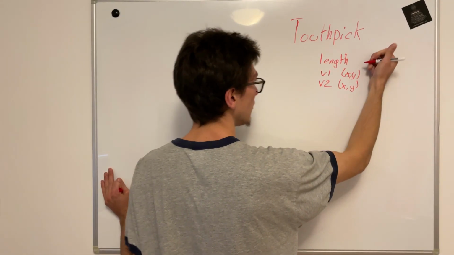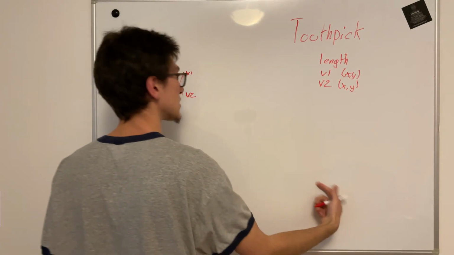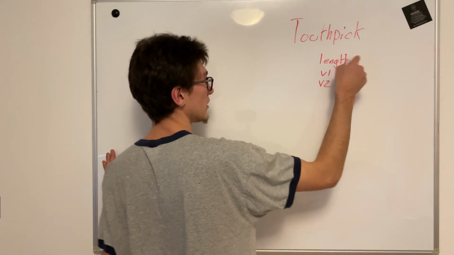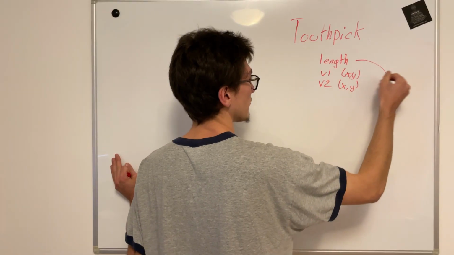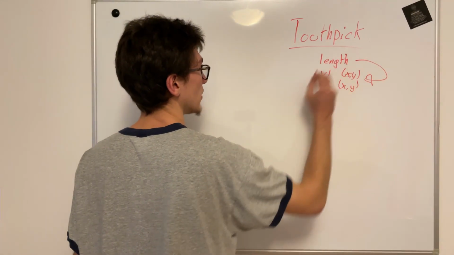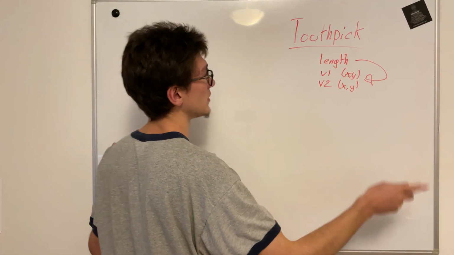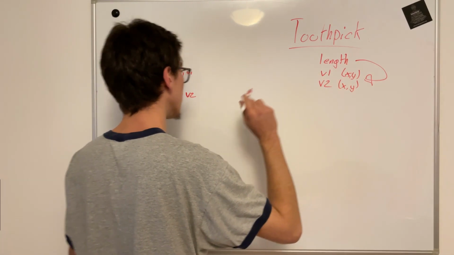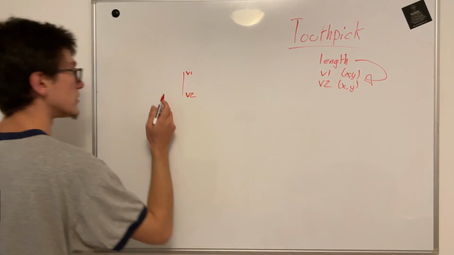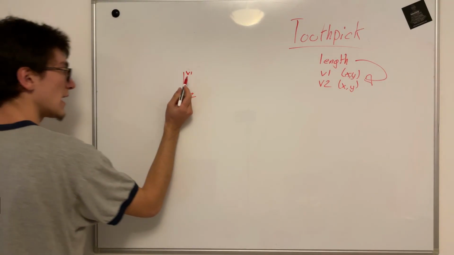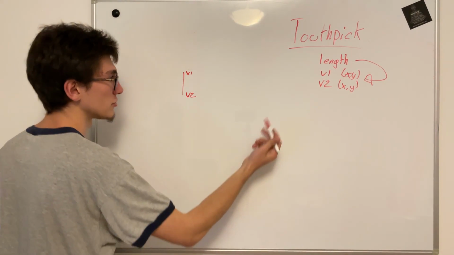Technically the length we could just calculate every time, but I think I'll just calculate the length from the constructor. So we'll make toothpick a class and we'll calculate the length whenever we pass the V1, V2. So the goal here is to have two sides, right?